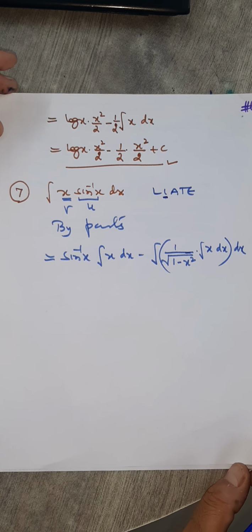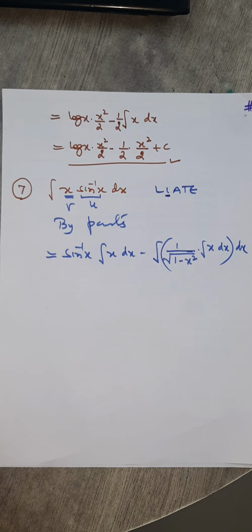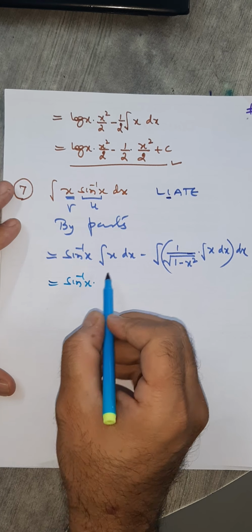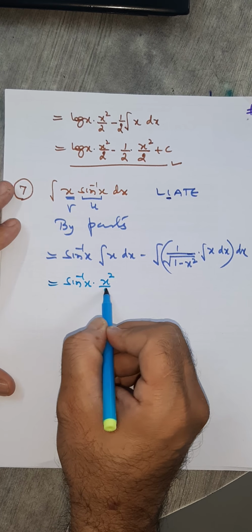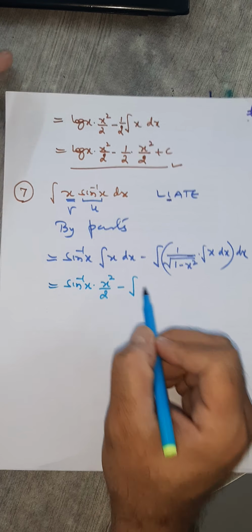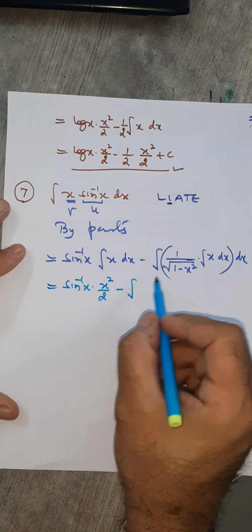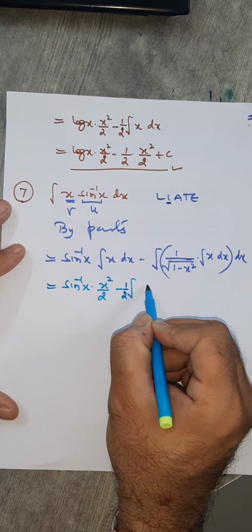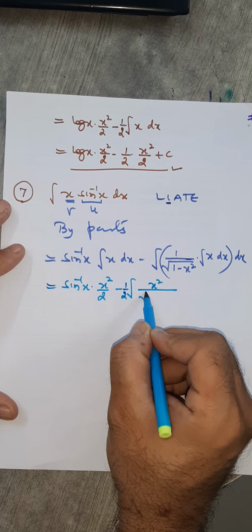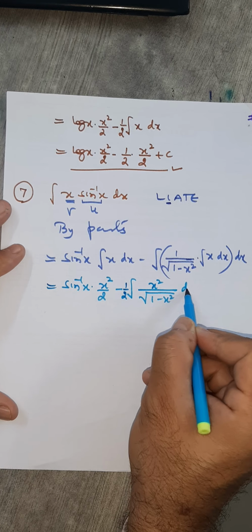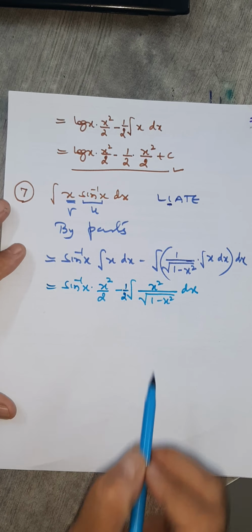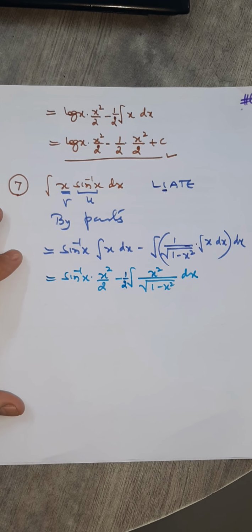Now at this place, the first portion, sine inverse x, as it is. What is the integral of x? Which is x square by 2, minus, inside the integral, this is x square by 2, same. So I'll keep 1 by 2 outside here. This is x square upon root of 1 minus x square dx. X square by 2, the 2 is kept outside, x square, root of this expression here.